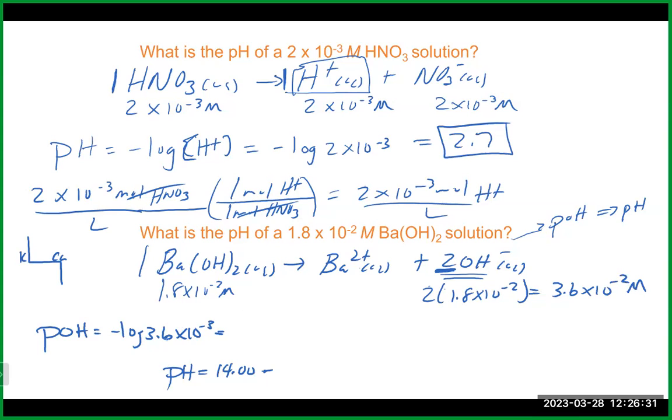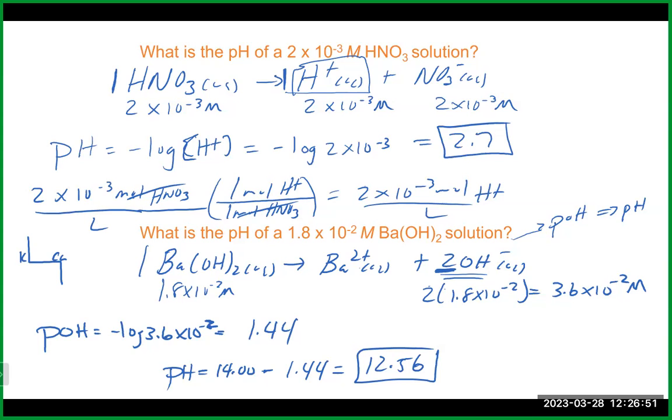Thank you. And that obviously is what should go into here. So we'll take the log of that. Gets us a 1.44. And subtracting that from 14 gets us a 12.56. Thank you.